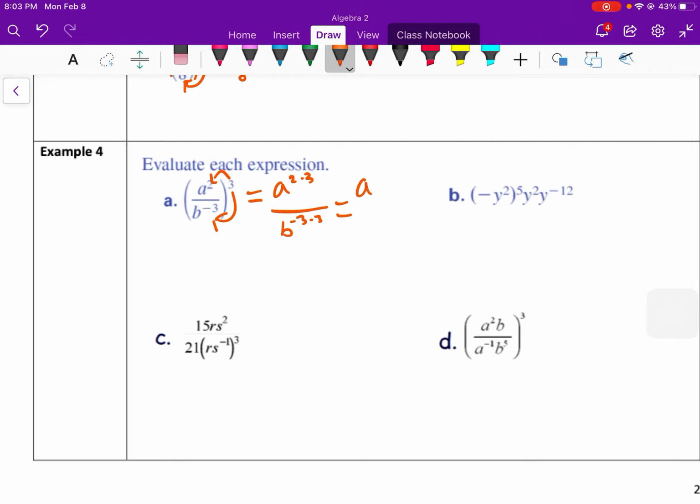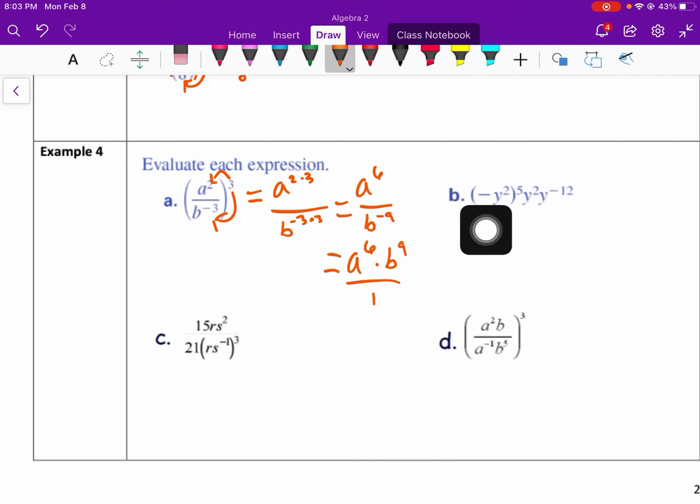That's rewritten as a to the 6th over, this is a multiplication symbol here, so it'd be b to the negative 9. We're going to want that to be up in the numerator because it's negative. We want that to be positive. So we have a to the 6th times b to the 9th over 1. That would be our final answer because we can't simplify anything else here.